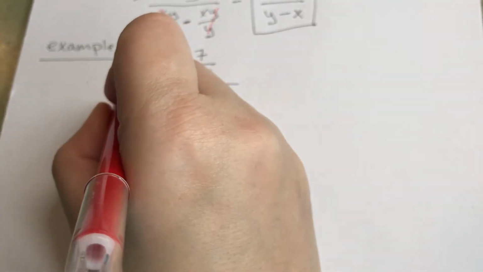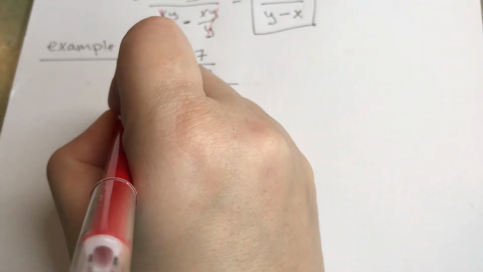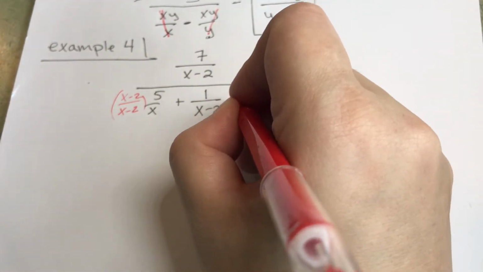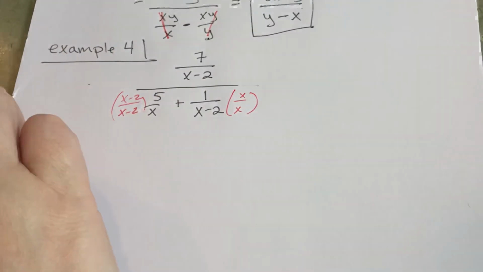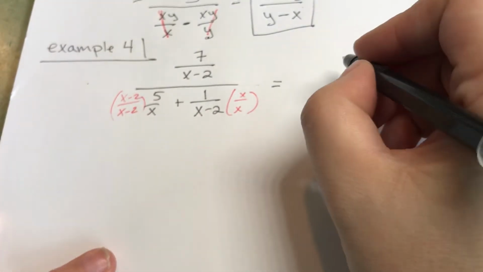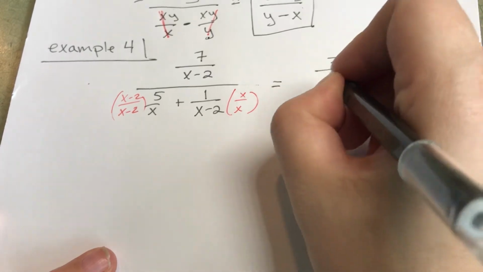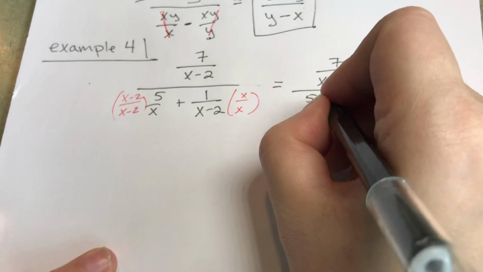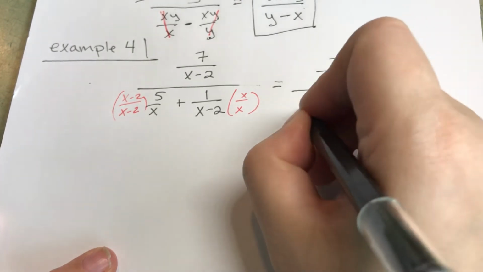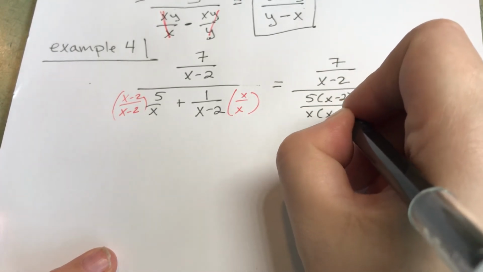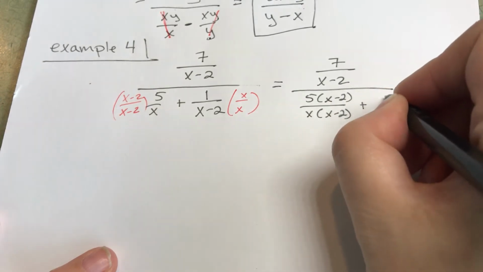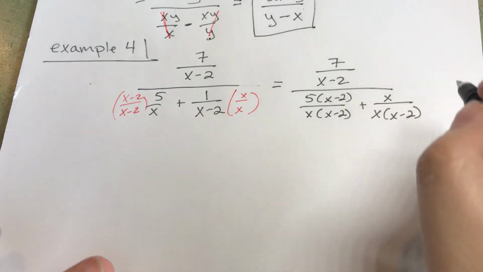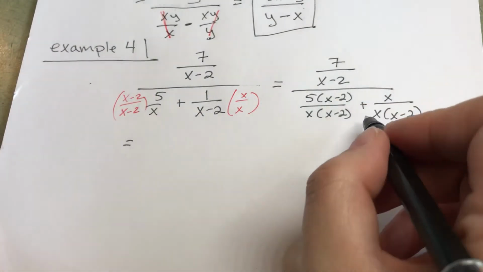So I'm going to multiply this by x minus 2 over x minus 2, and this by x over x. Then I get 7 divided by x minus 2, all divided by 5x minus 2 over x minus 2, plus x over x times x minus 2.